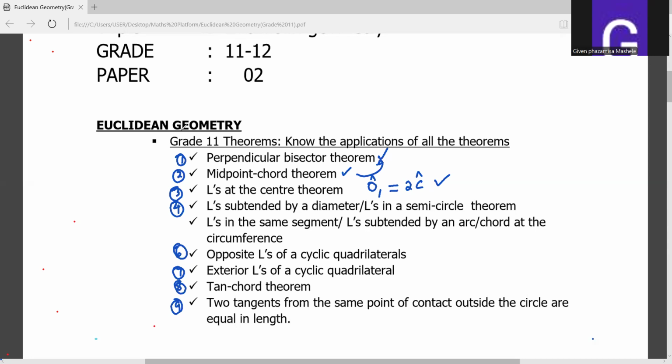Angle subtended by a diameter at the circumference, it's a right angle.